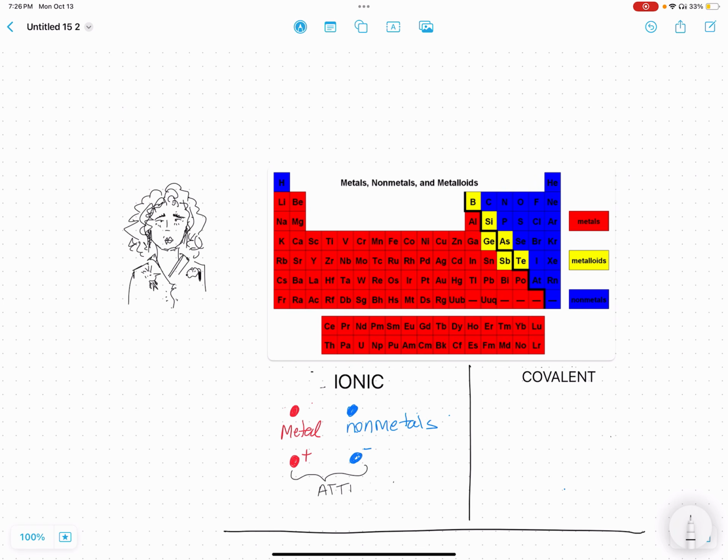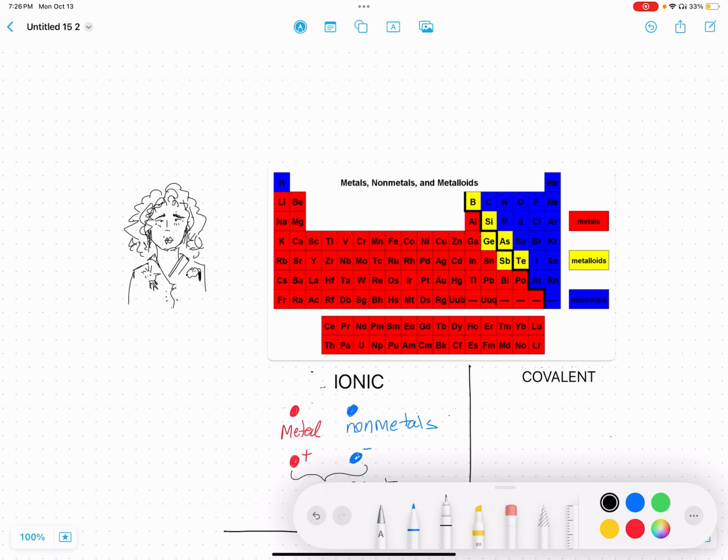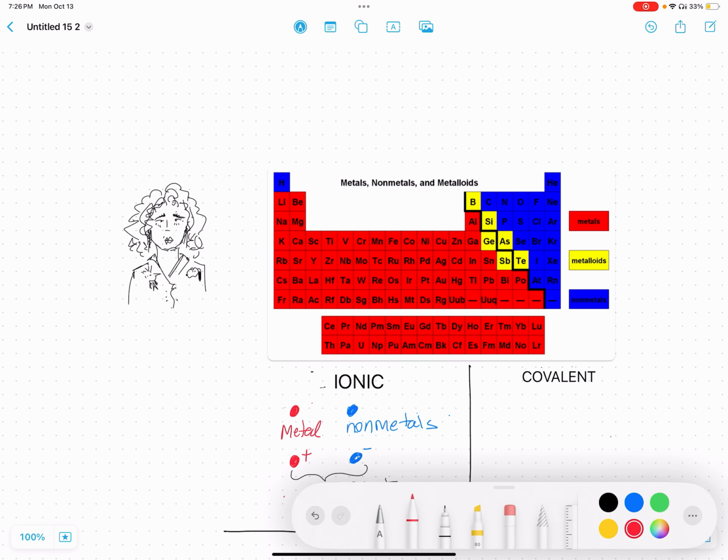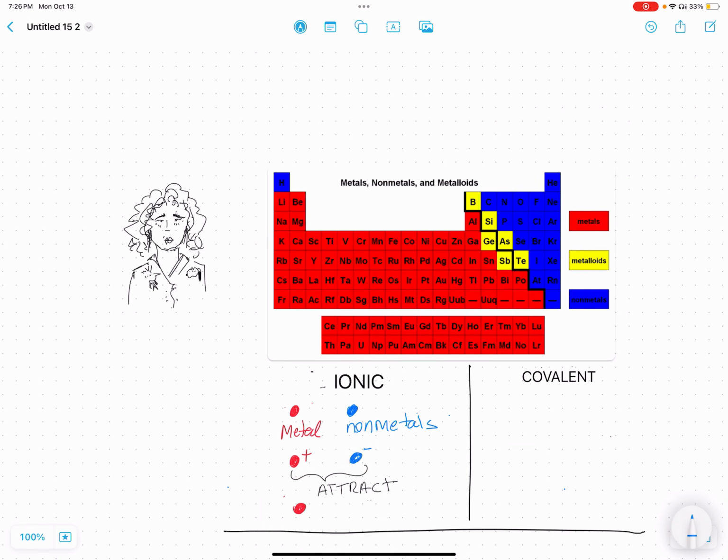You can think of it that way. They attract and they stick together like a magnet would. So that is ionic bonding.